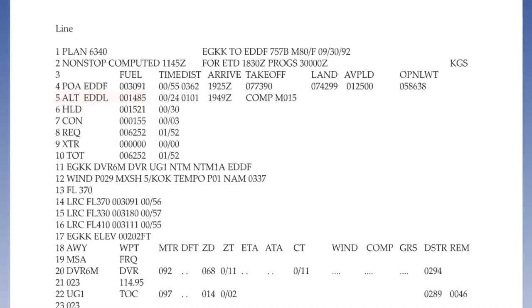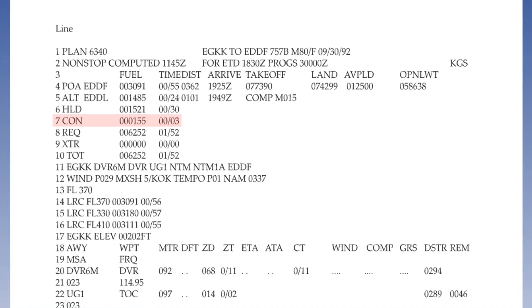1,485 kilograms. On line 6, we are given the holding fuel, or final reserve figure, of 1,521 kilograms. Alongside this are the figures 00/30, indicating this is the holding fuel for 30 minutes, as required by a turbine-powered aircraft. Contingency fuel is shown in line 7 as 155 kilograms.